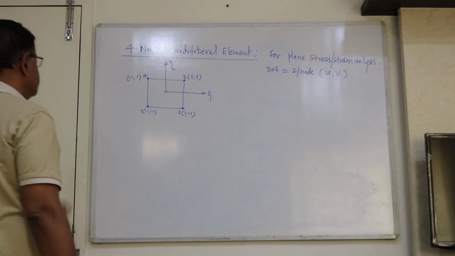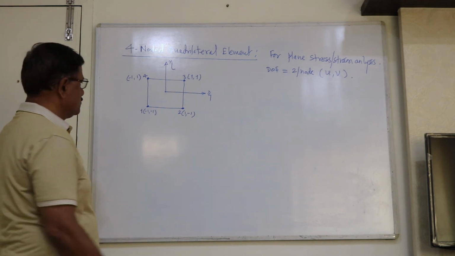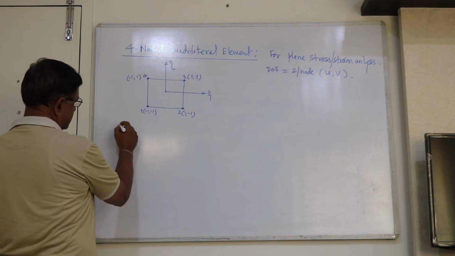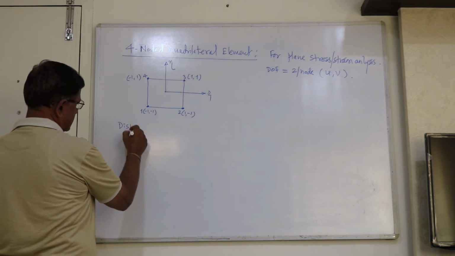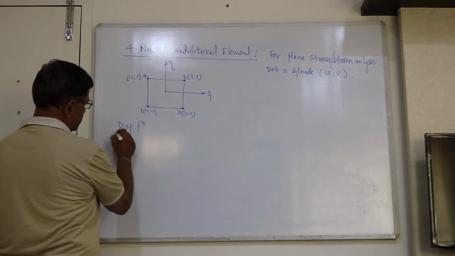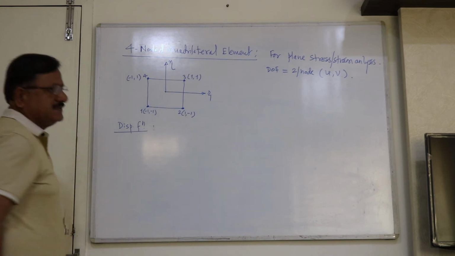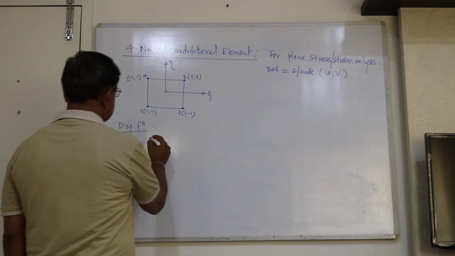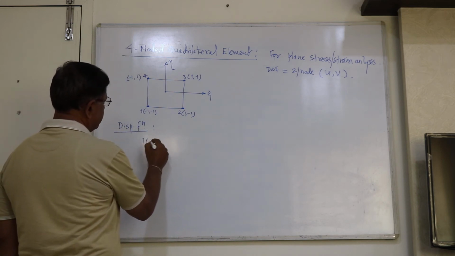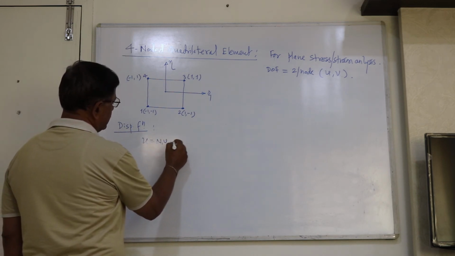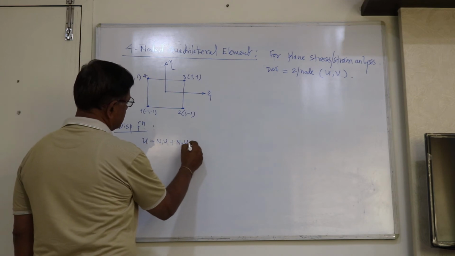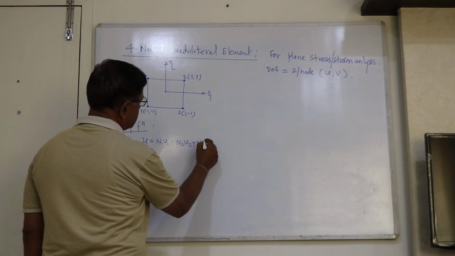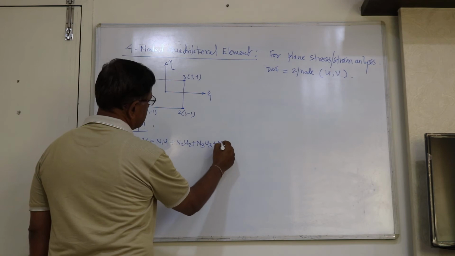Now the displacement function assumed for this: the displacement at any point within the element can be defined as u equal to N1 u1 plus N2 u2 plus N3 u3 plus N4 u4.